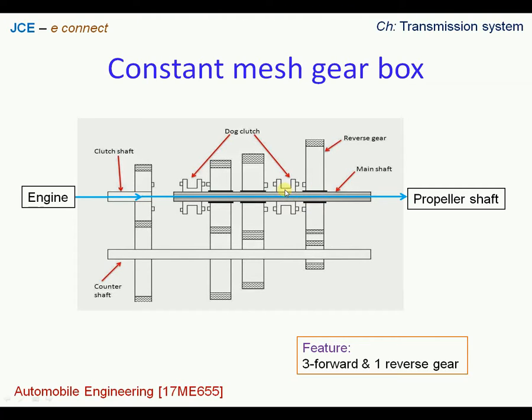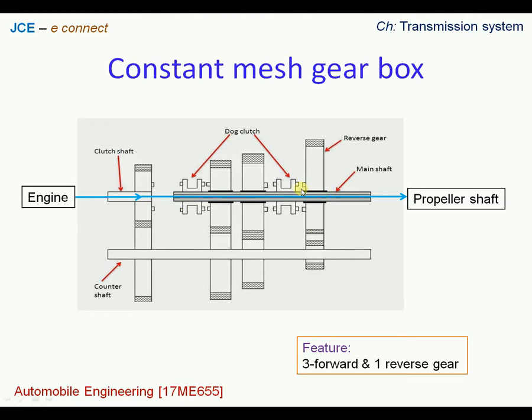Now during the operation of reverse gear, the clutch dog will be brought in mesh with the reverse gear, while the clutch dog which was earlier in mesh with the clutch shaft will be disengaged.